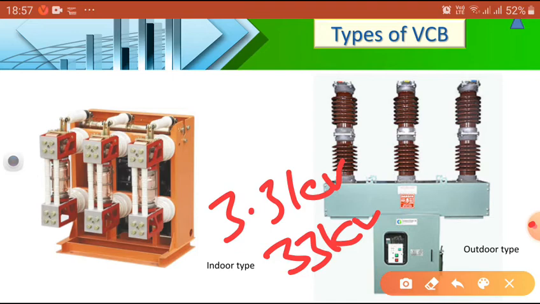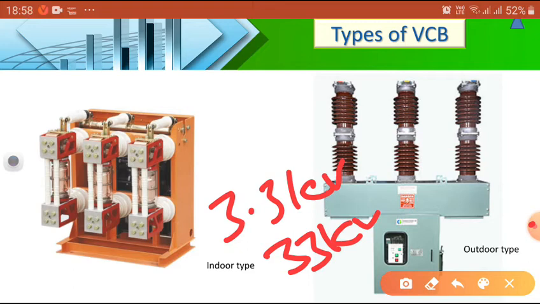These metals, when subjected to high current, have their surface material converted to vapor, through which the electrons try to flow, and then the arc comes. That we will see later. At high voltage, the rate of dielectric strength recovery is very high in the case of vacuum circuit breakers.